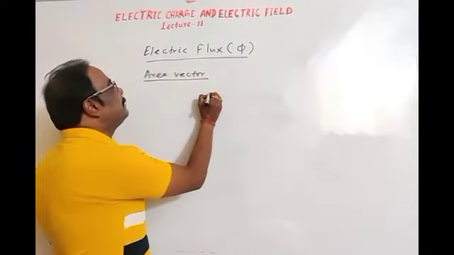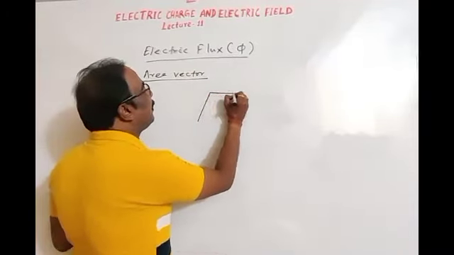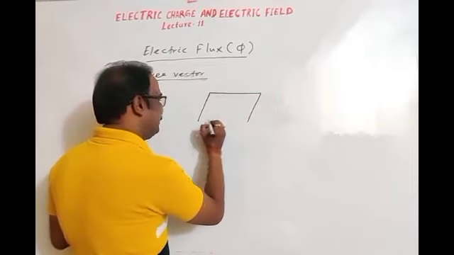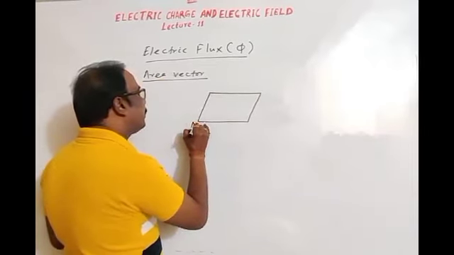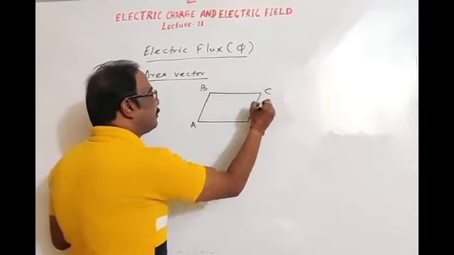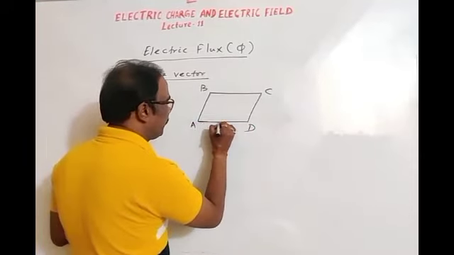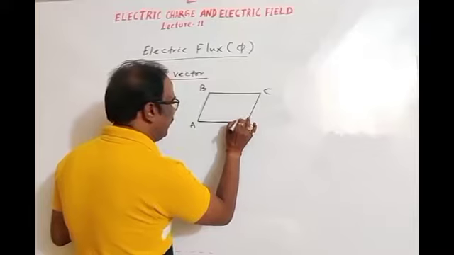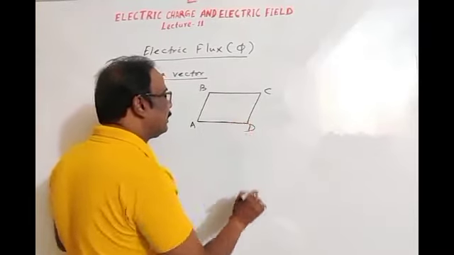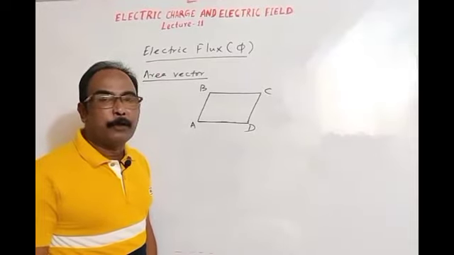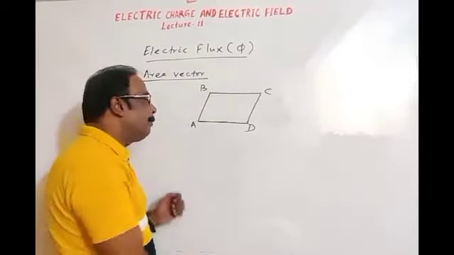Let's consider this is a parallelogram. I am naming the parallelogram A, B, C, D. Let's consider two vectors are represented in magnitude and direction by the two adjacent sides of the parallelogram.